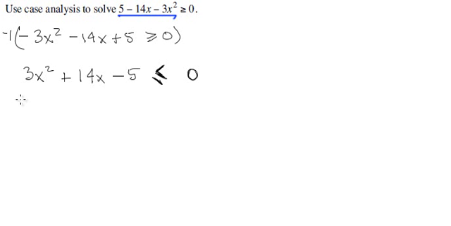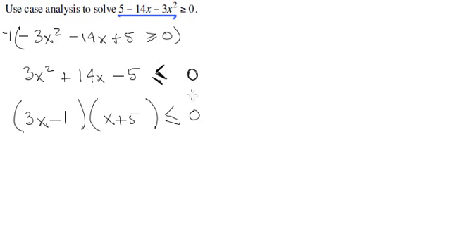So, next thing we want to do according to the case analysis idea is factor it. Turns out you can pull this apart into 3x minus 1 and x plus 5. We want that to be less than or equal to 0. So, these two factors we need to be lower than 0, as in negative.